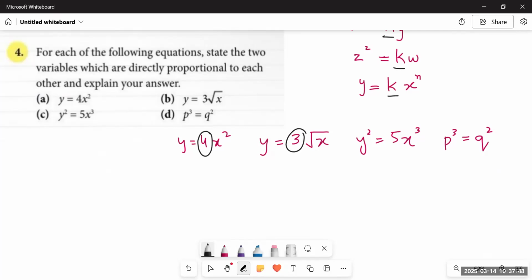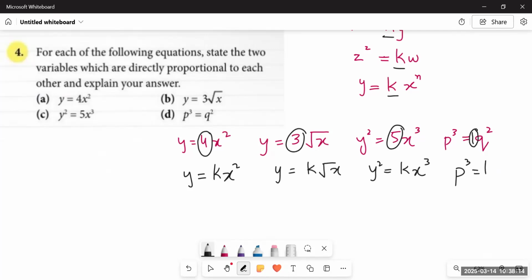If y square is equals to 5x cubed, then 5 would be the constant. If p cube is equals to q square, then 1 would be the constant since there is no coefficient. So we can say that y is equals to kx square, y is equals to k under root x, y square is equals to kx cube, and p cube is equals to kq square.